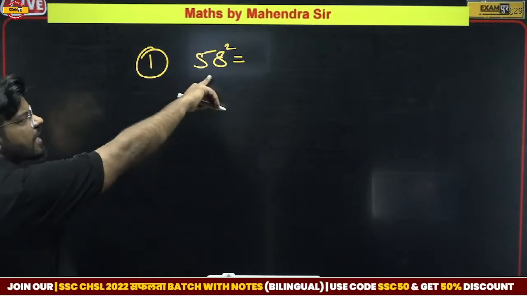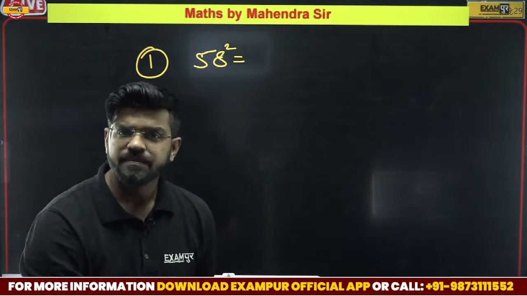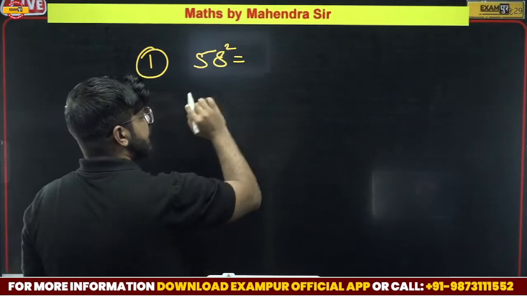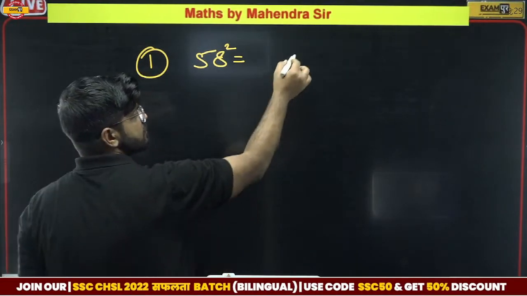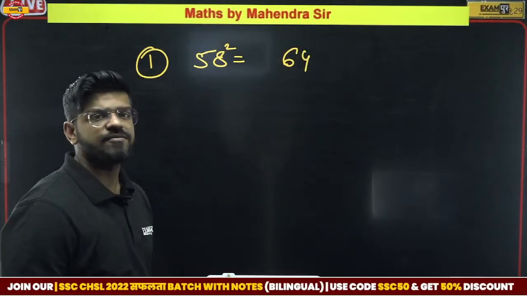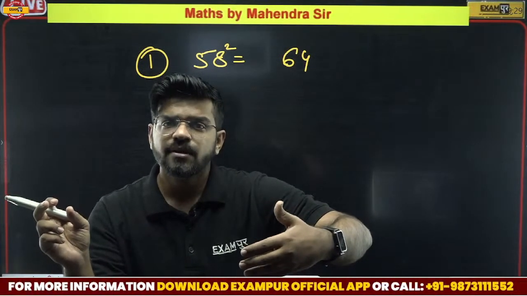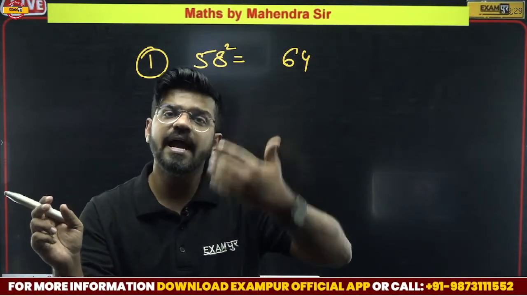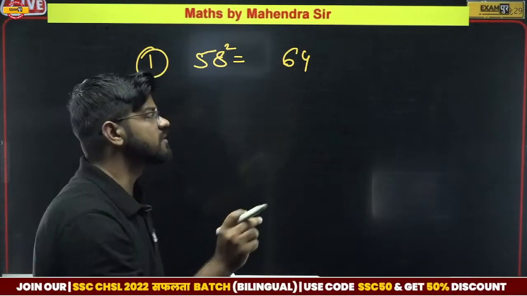So 58 is 8 more than 50, right? That means we have to write 8 square at the last, that means 64. Now it is 8 more than 50, so we have to add 8 to the 25. So 25 plus 8 will be 33.